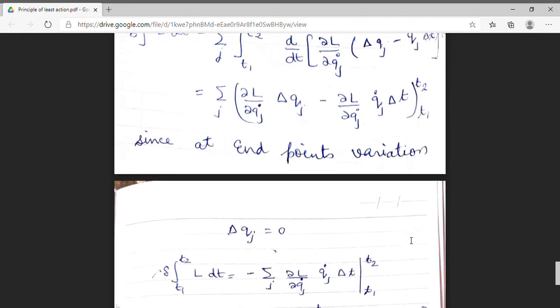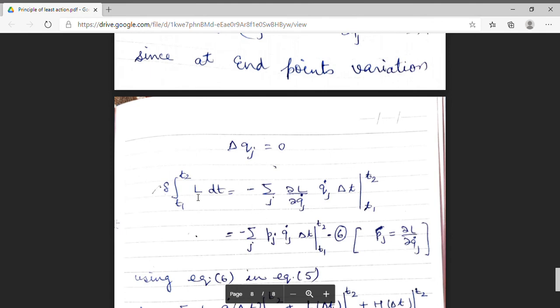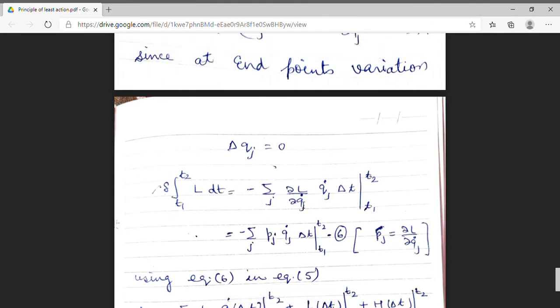Now since we know that at endpoints Δqj must be equal to 0, and endpoints are the same for all the paths, this first term will be 0. This term comes out to be equal to minus summation ∂L/∂qj dot qj dot δt. And this ∂L/∂qj dot, we know, is equal to the generalized momenta pj.